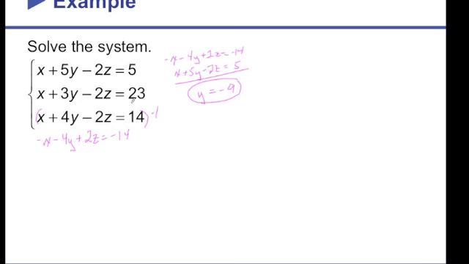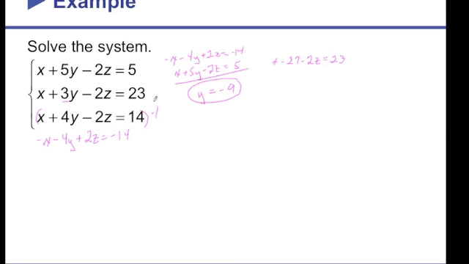Now I can take that and put it in both of these other equations. So putting it here, x minus 27 minus 2z equals 23.